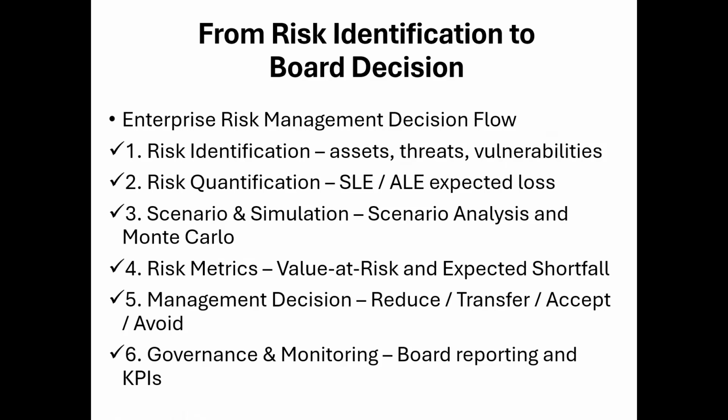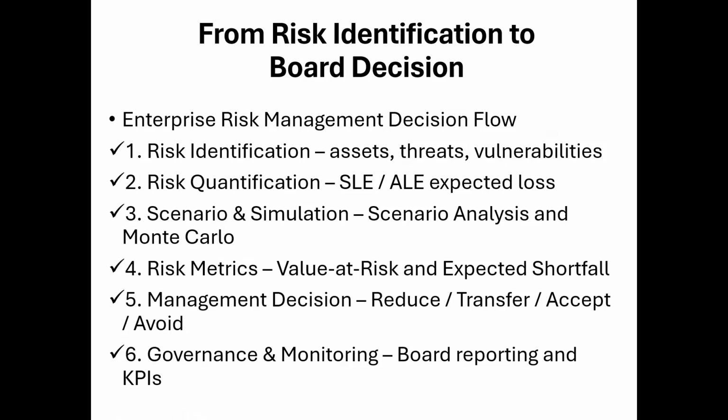From these simulations, what next? We derive our risk metrics, the value at risk and expected shortfall. These metrics support management decisions. What are those management decisions? To reduce the risk, or transfer it, or just accept or avoid it. Risk avoidance, how do you do that?